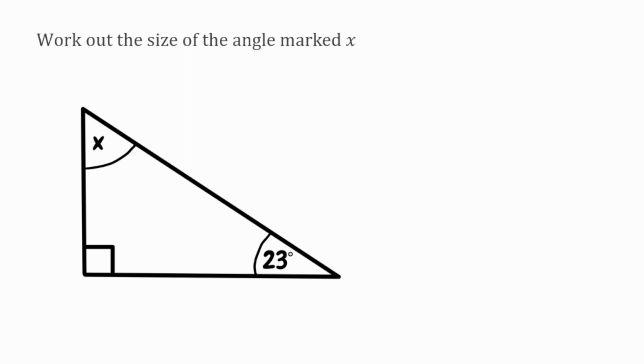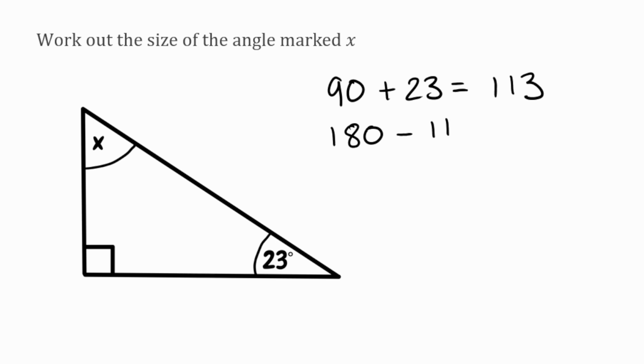The right angle we know is 90 degrees, so I'm going to do 90 add on that 23, and that's going to give me 113. Then all we do now is take that 113 away from 180. That leaves us with 67. So our missing angle x here would be 67 degrees.